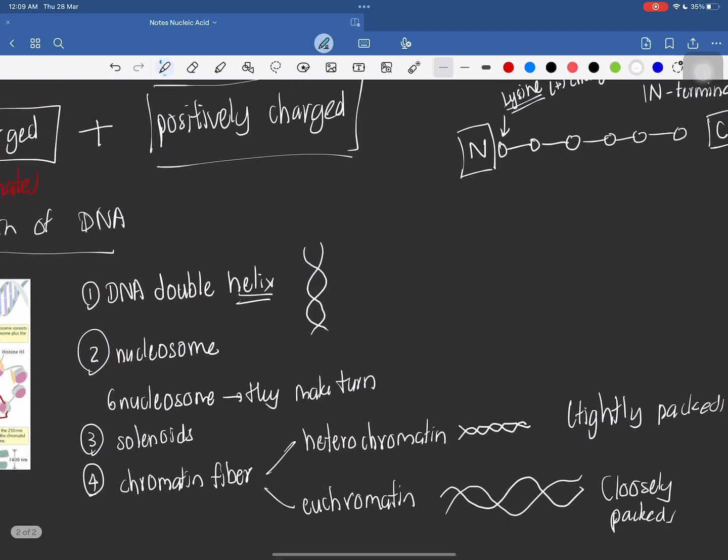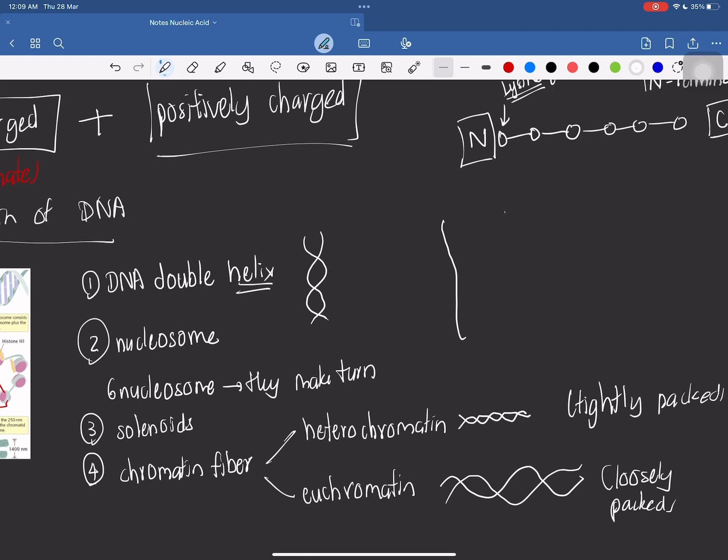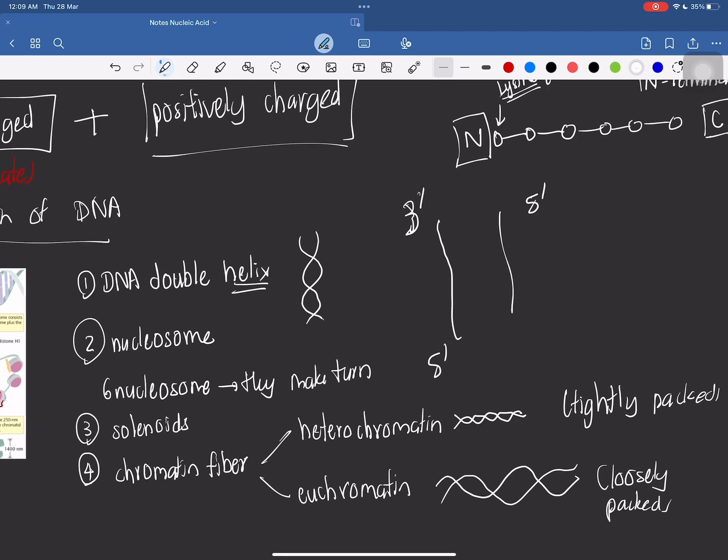Just now I mentioned that each of these strands, 3' to 5' or 5' to 3', are called DNA templates. They will be used as a template, and the enzyme will bind to them and produce another strand.